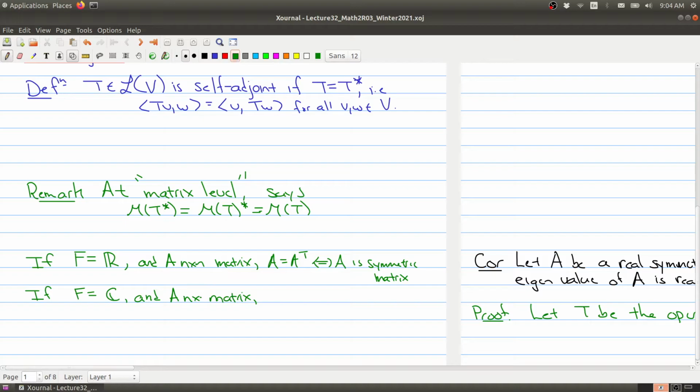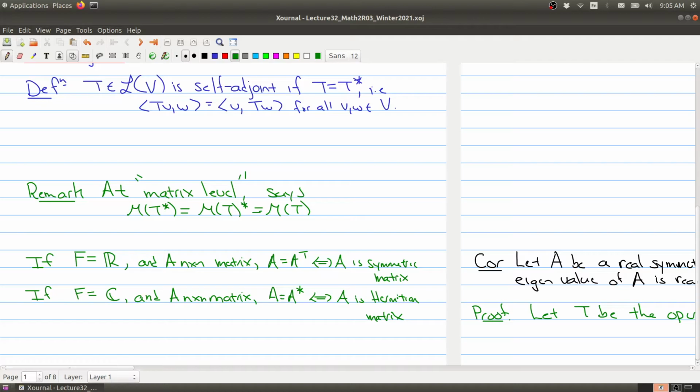If you happen to be working over the complex numbers, what we require is that A is equal to its conjugate transpose. The name for this, which you may or may not have seen, is a Hermitian matrix. Symmetric matrices, if all the entries are in R, are examples of Hermitian matrices, but the class of Hermitian matrices is actually larger because we're taking the complex conjugate transpose.